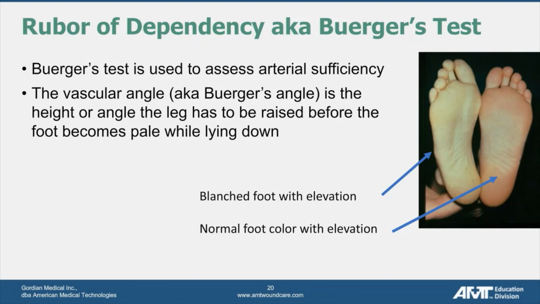On this right foot, which is on your left, you see that it is quite blanched with elevation, and you have normal color on the left foot, which is on your right. So this is a very clear indication that this person has some significant arterial insufficiency, and you just need to figure out now how much so that you can write a plan of care. Your ankle brachial index will give you that information.